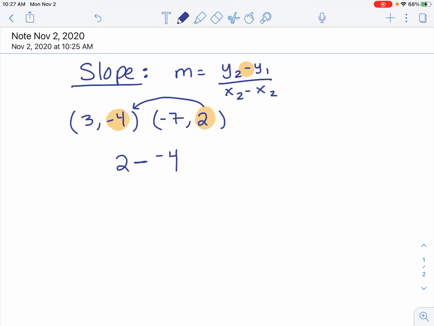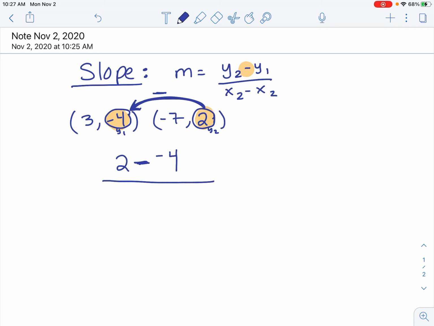Okay, so see how I started there? That was y2 minus y1. Always start from right to left, from the last number to the second number. So last number to second number: 2 minus, and it's always minus in the middle, a -4.